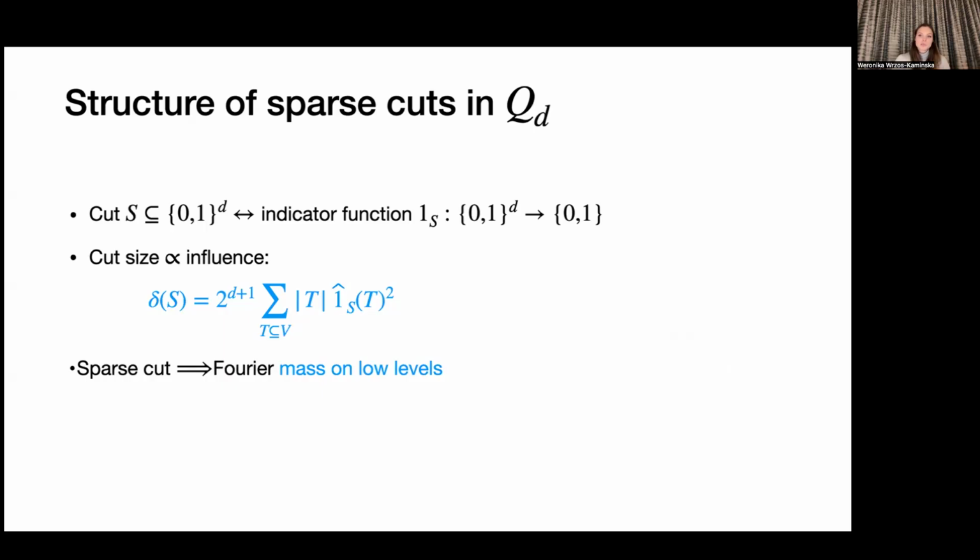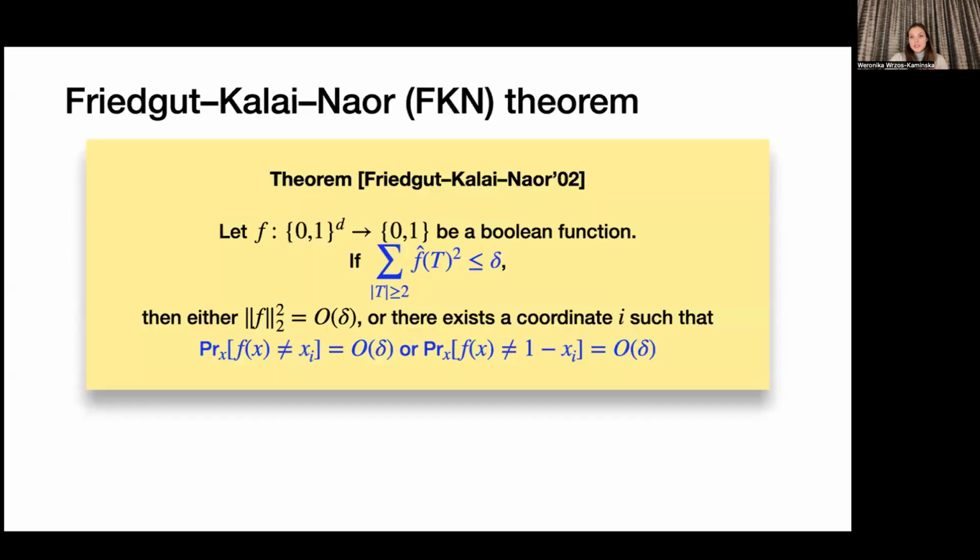In other words, every sparse cut in the hypercube consists almost entirely of the constant terms and the linear terms. And now we can apply the classical result of Friedgut, Kalai, and Naor, which I will refer to as the FKN theorem, which says that if I have a Boolean function on the hypercube that places almost all of its mass on the bottom Fourier levels, then this function is close in Hamming distance to a single coordinate cut.